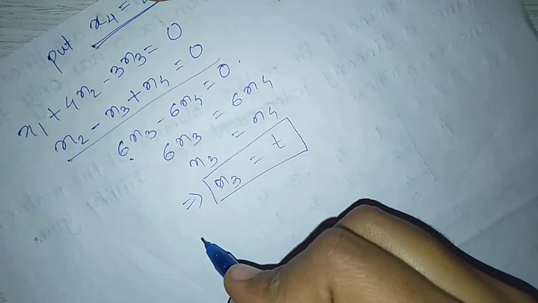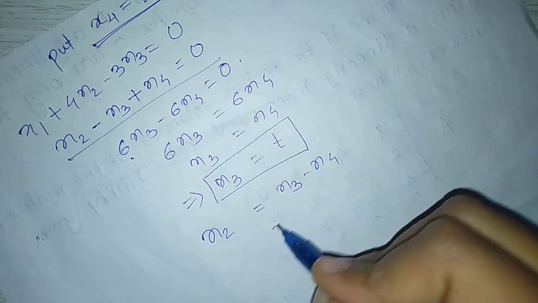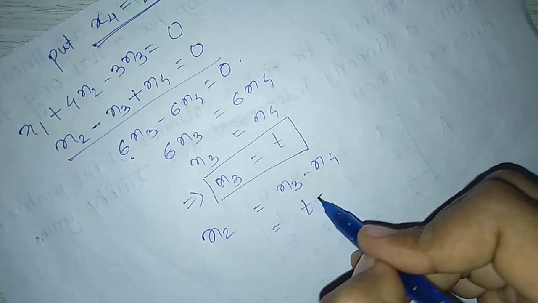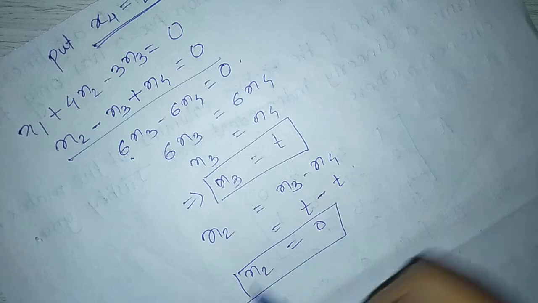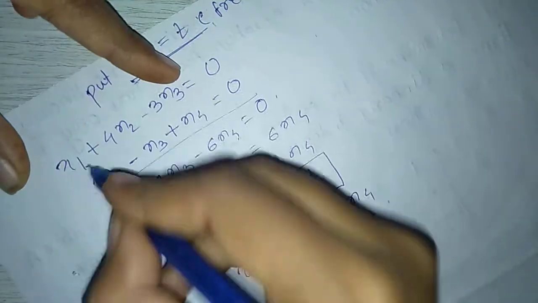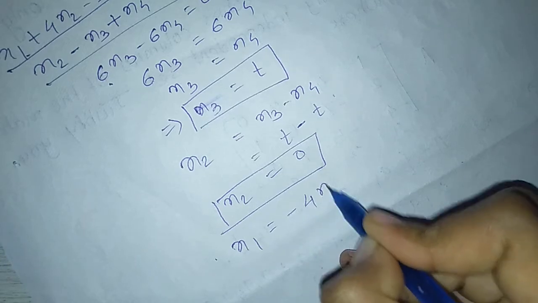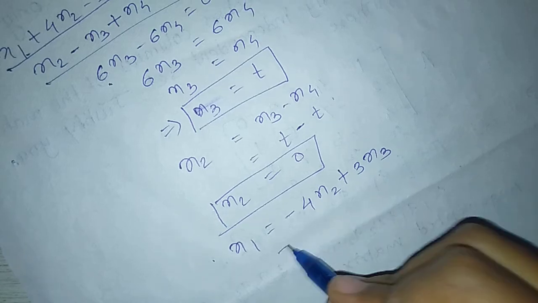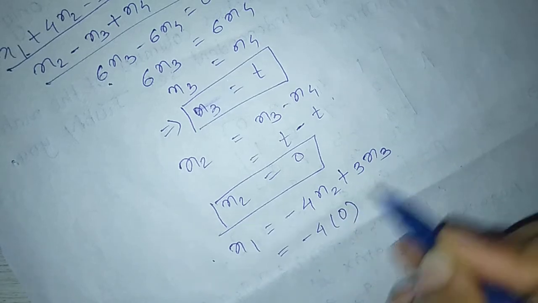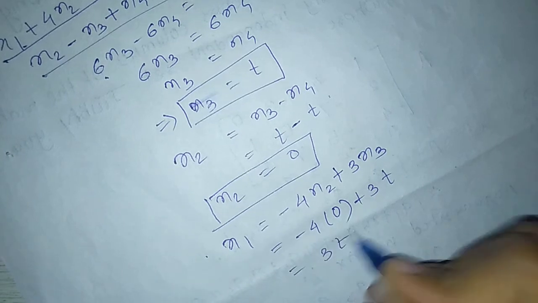Now x2 equal to x3 minus x4. x3 is t, x4 also t, t minus t equal to 0, so x2 equal to 0. x1 equal to minus 4x2 plus 3x3 equal to minus 4 times x2, which is 0, plus 3 times x3, which is t, equal to 3t.